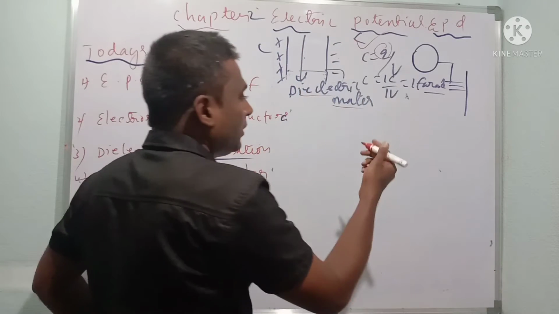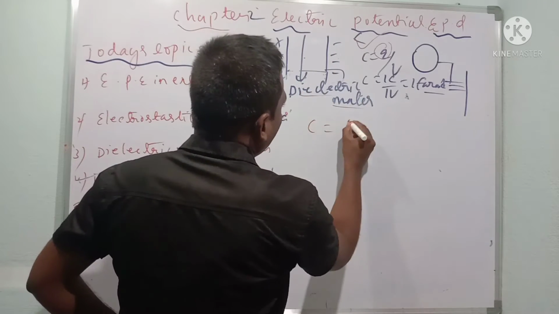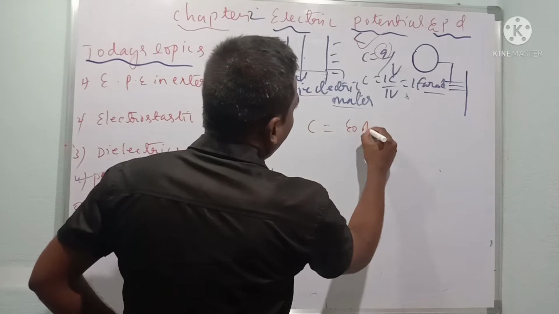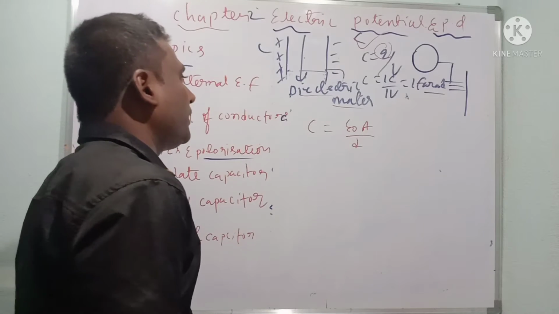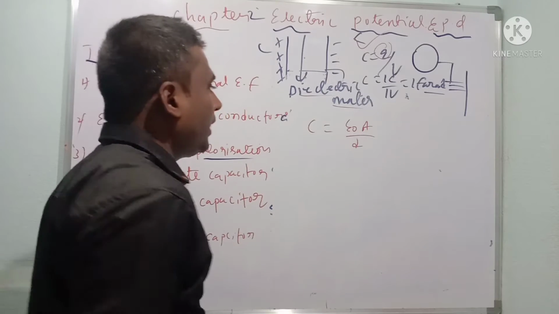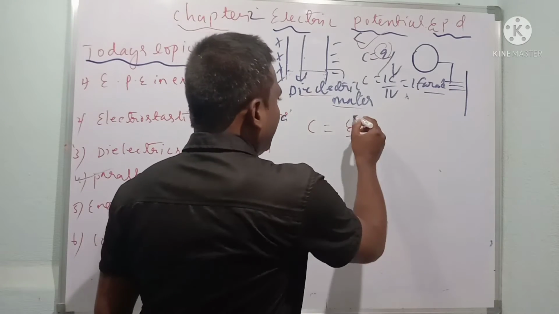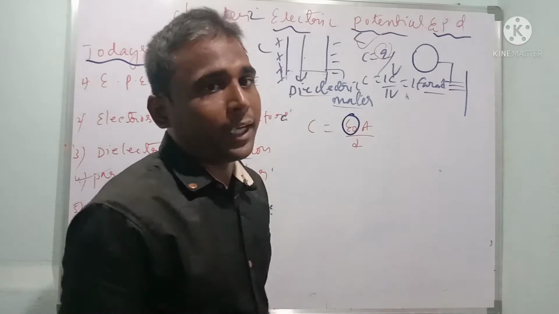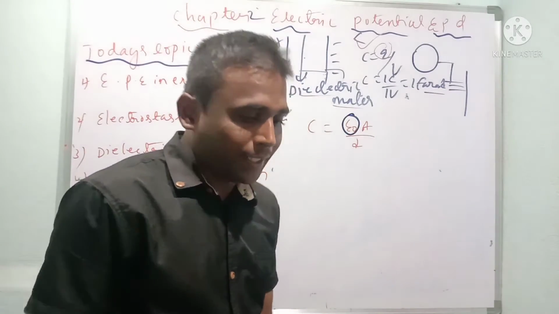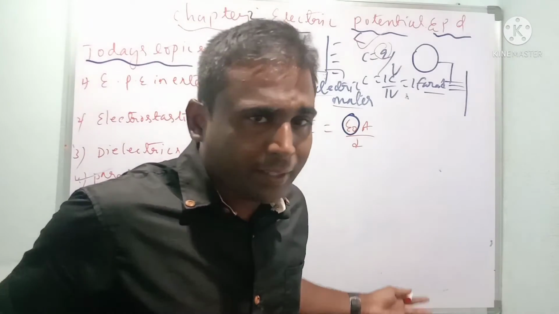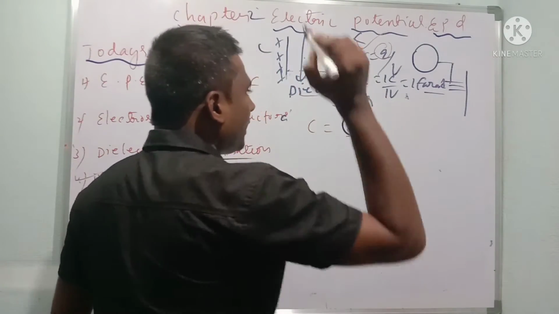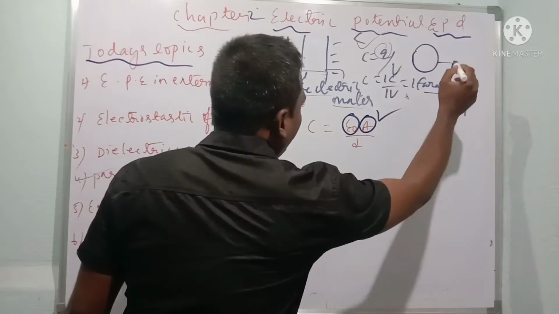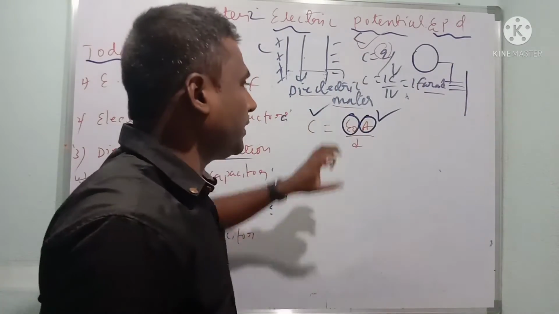Directly, without derivation, let us take the expression for the capacitance of a parallel plate capacitor: C equals epsilon naught A divided by d. Here, epsilon naught is a constant equal to 8.85 times 10 to the power of minus 12 coulomb squared per Newton meter squared. A means the area of the plates. If the area of the plates increases, automatically the capacitance will increase.